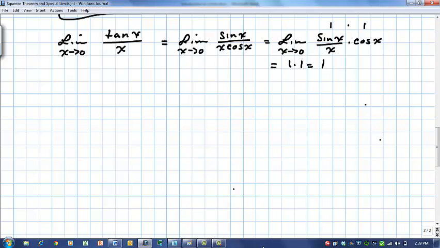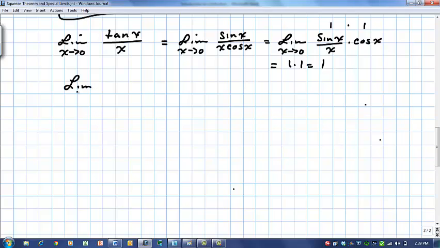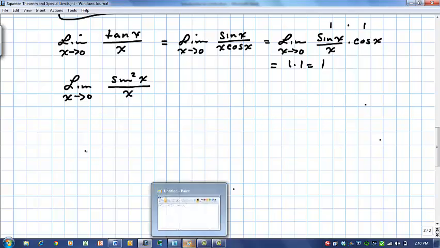Another example of the use of this would be if I asked you to find the limit as x approaches 0 of the sine squared of x over x.